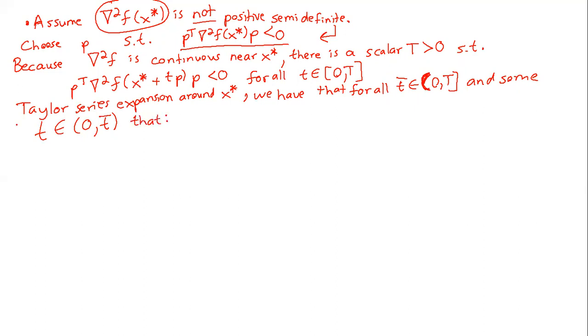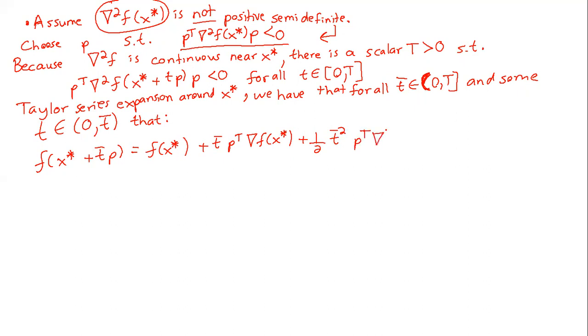that the following holds. So here's our Taylor series expansion: f of x star plus p bar p is equal to f of x star plus p bar p transpose del f of x star plus 1/2 p bar squared p transpose del squared f of x star plus p, which is less than f of x star.